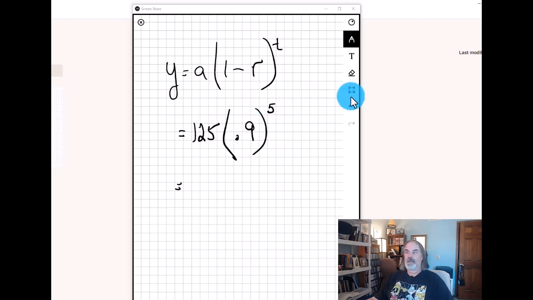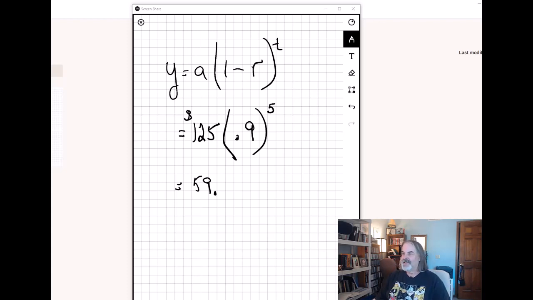Okay, 125 times 0.9 raised to the 5th, and that is a whopping, again, this is dollars, so I'm rounding to the appropriate digits for cents, pennies, $59. The decimal is 0.78711, blah, blah, blah.